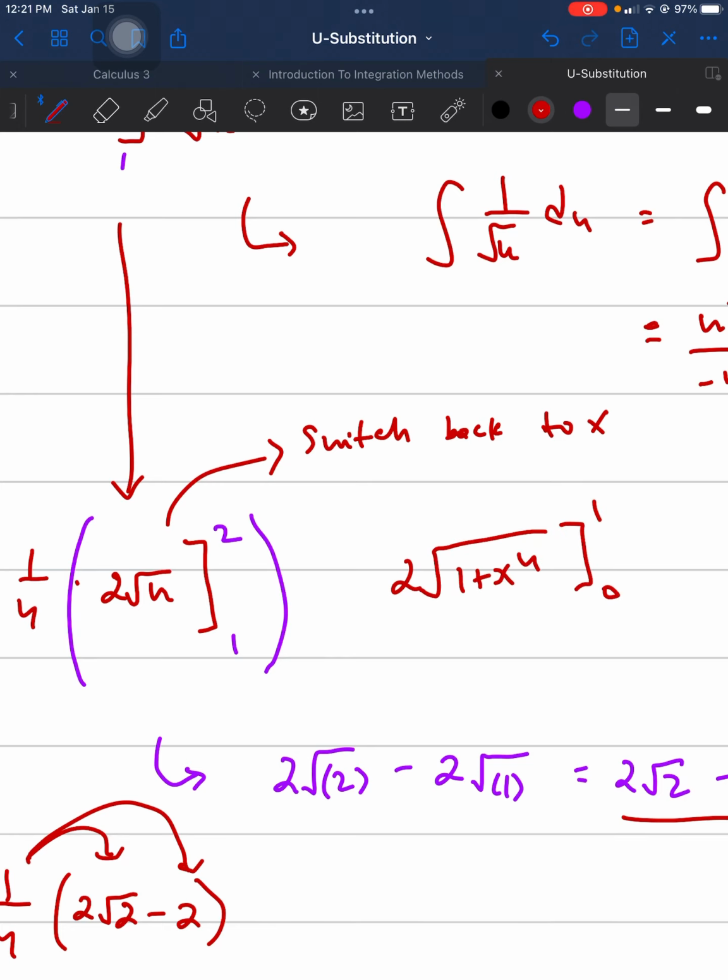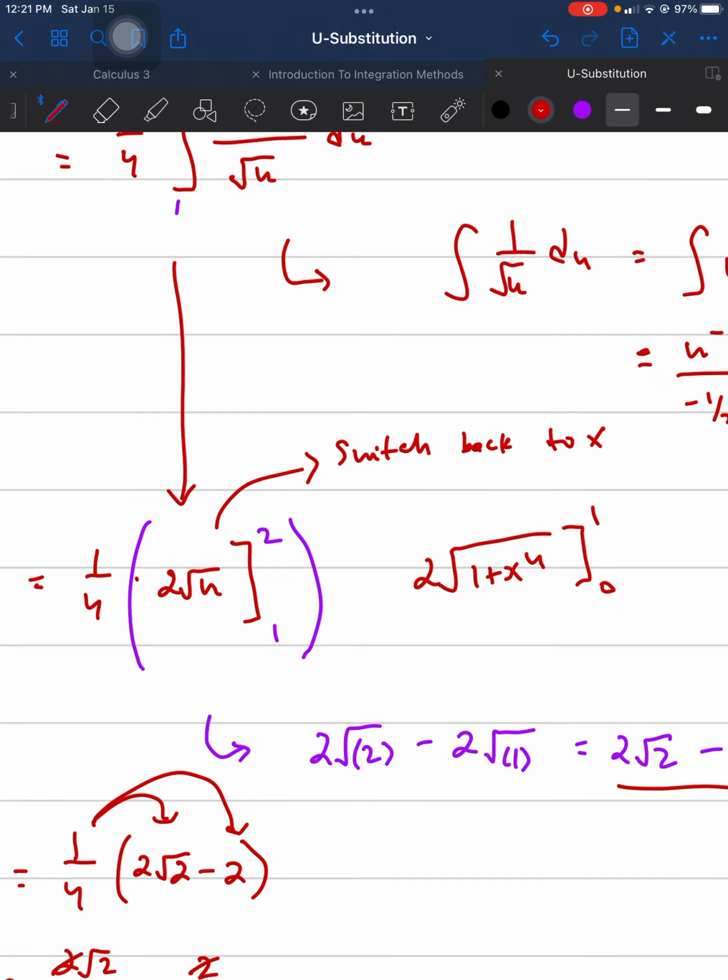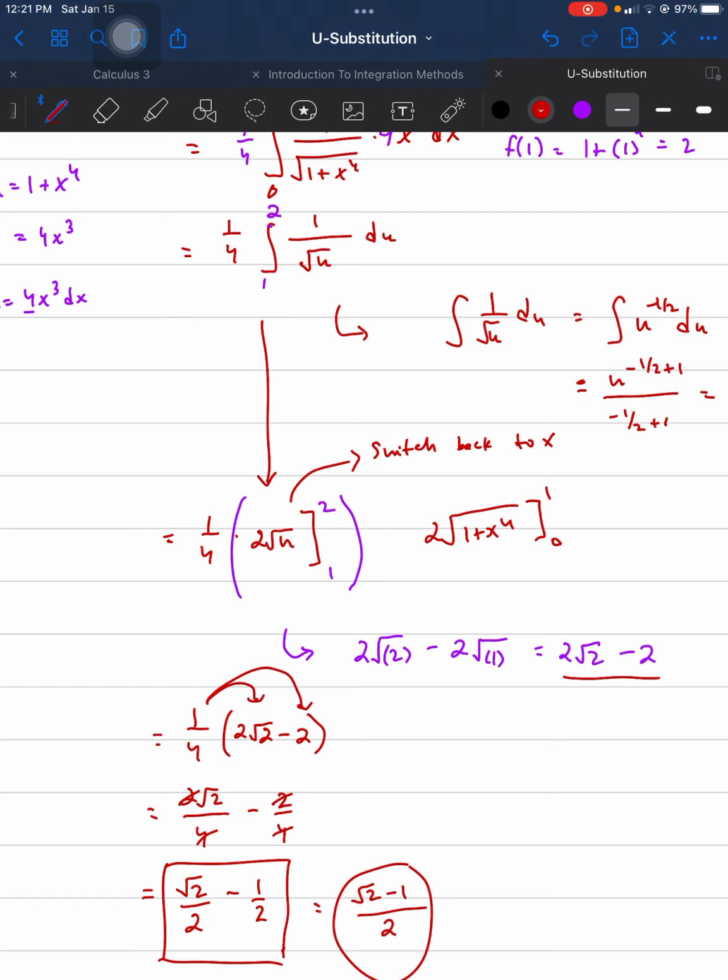So we would just evaluate this if we switched back to x. But either way it would give us the same answer.